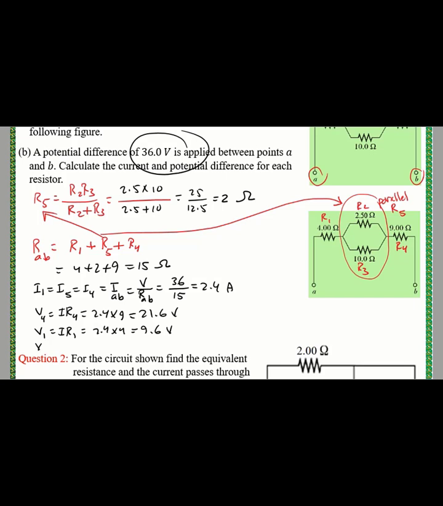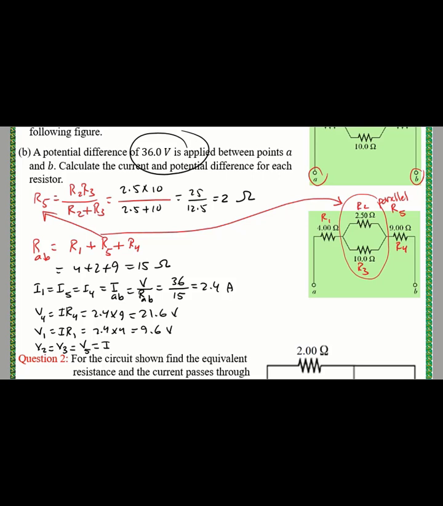And V for R2 equals V for R3 since they are in parallel, and it is the same as V of the equivalent of them, which is R5.